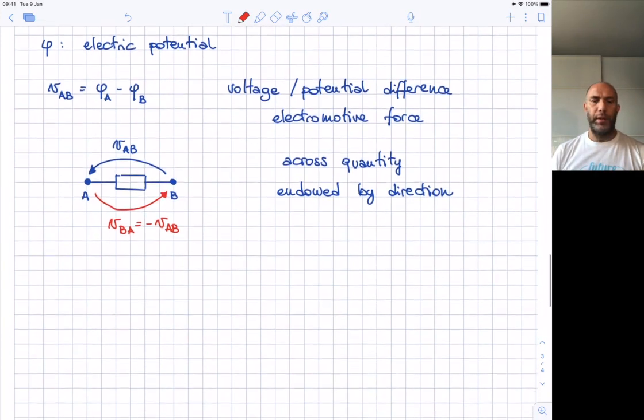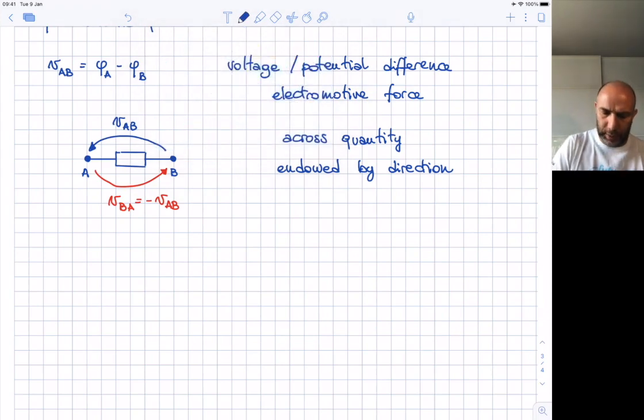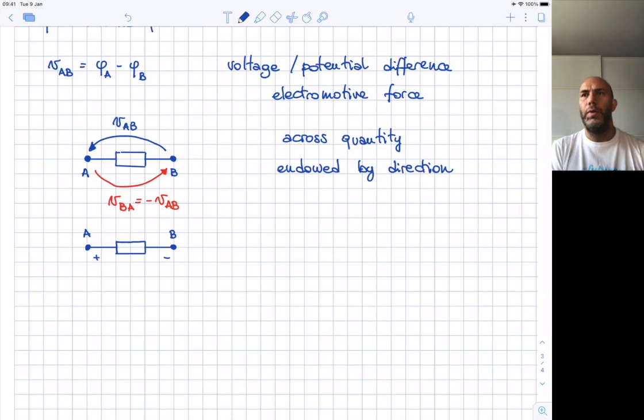I have represented the voltage with an arrow, but another possible representation, similar to the previous one, is a representation that is using plus and minus signs, so that the correspondence between the two graphical representations is that the plus corresponds to the tip of the arrow, while the minus terminal corresponds to the tail of the arrow.